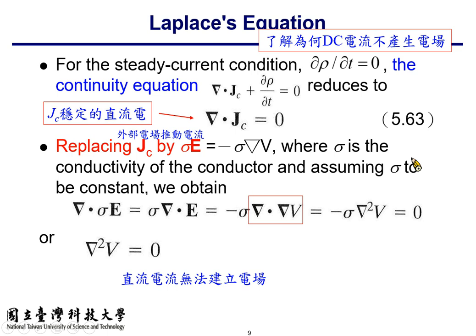So the current density is proportional to the electrical field intensity as well as the conductivity. So J equals sigma times E. And we can further identify E as the negative of the gradient of V. So you have minus sigma gradient of V.